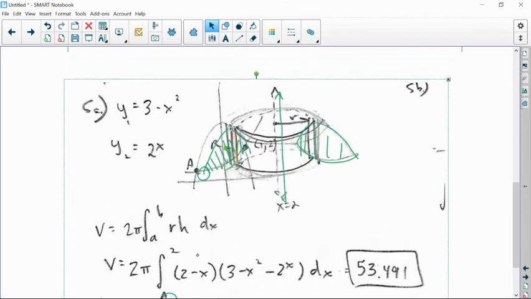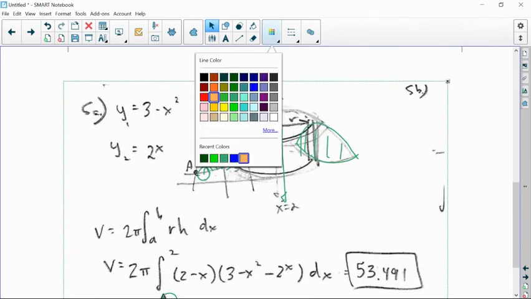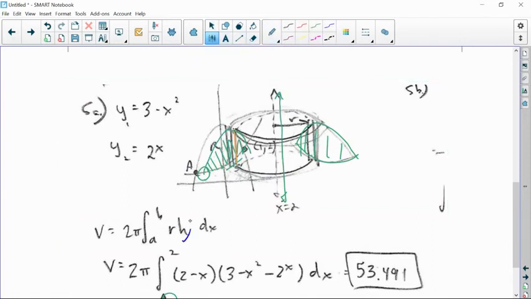Oh, one more time. The height, let's try this one. Where's my pen at? Oh, there it is. Okay. So the height, there we go, would be the distance, sorry about that, between the two functions. So top minus bottom.